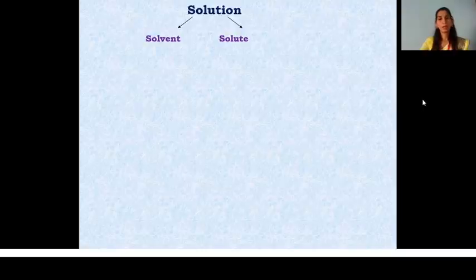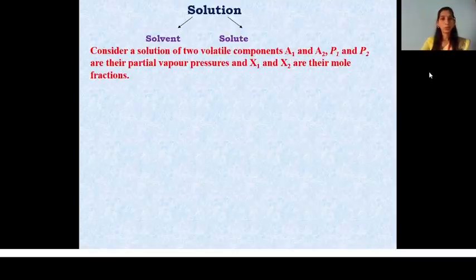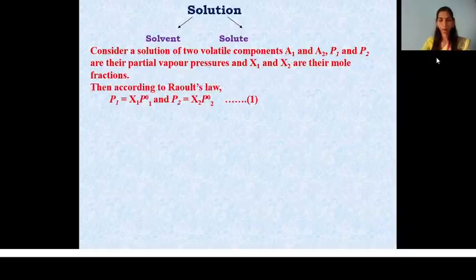Now the equation for Raoult's law: we see here a solution containing a solvent and a solute. From our textbook, a solution of two volatile components A1 and A2. P1 and P2 are their partial vapor pressures, and X1 and X2 are the mole fractions of the volatile components A1 and A2.